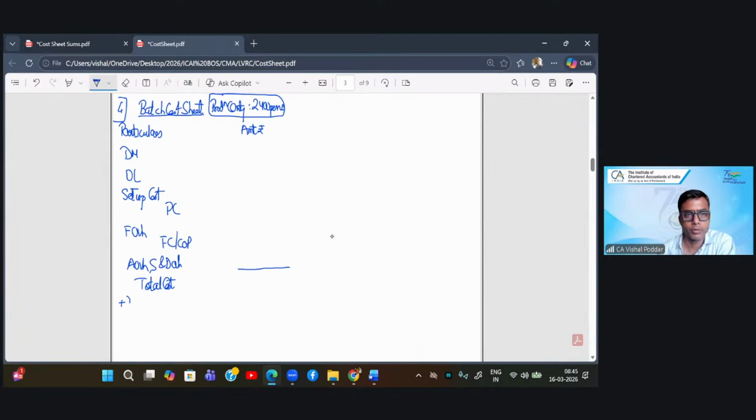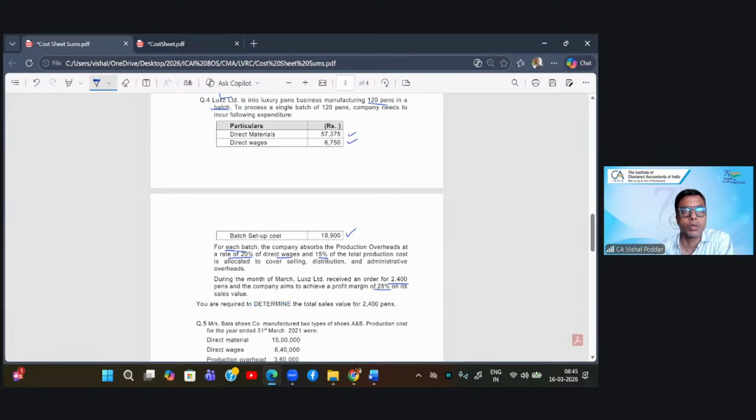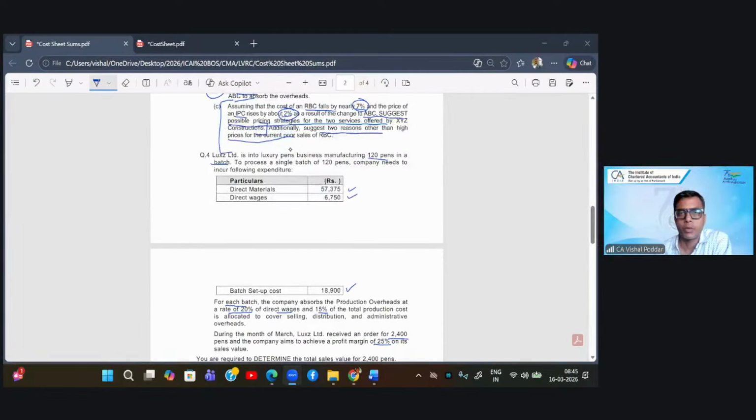And then to this we add profit. So we get our sale price. Fine. Now, we understand this, students. They have given you the cost sheet for 120 pens, right?